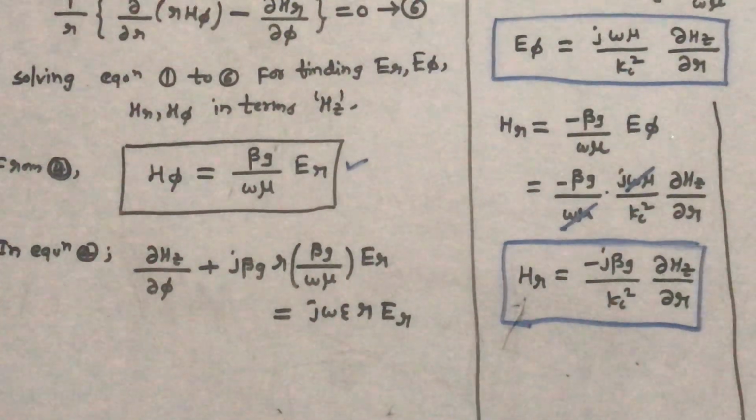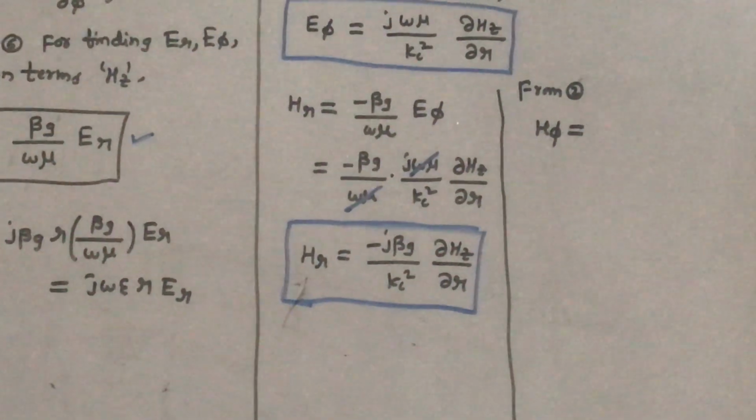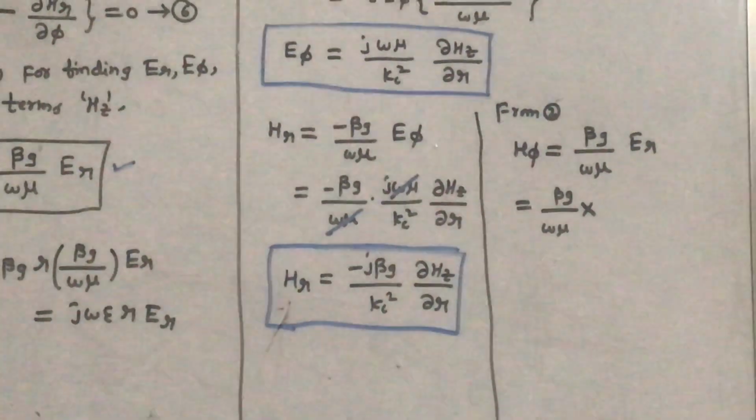Similarly, find out H phi from equation 2. What is H phi? H phi is written as beta g by omega mu into ER. Substitute ER, we have already calculated. Beta g by omega mu into, what is ER?